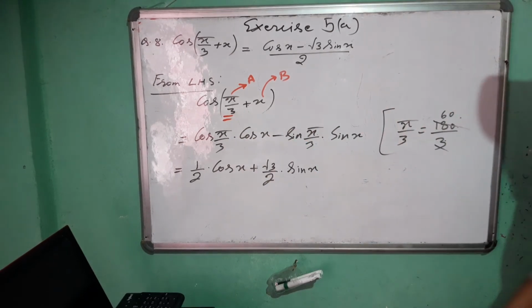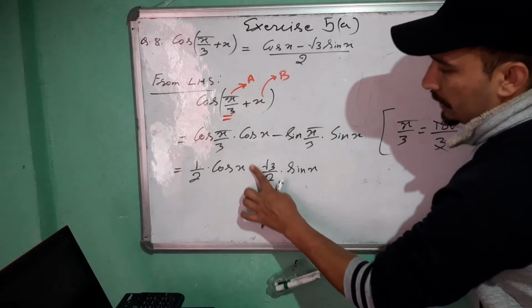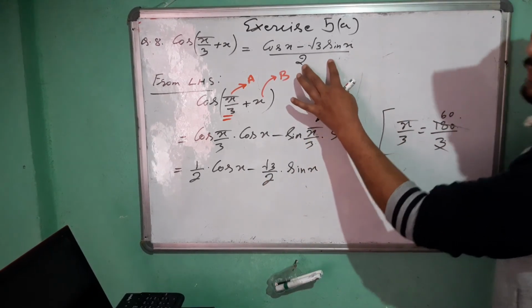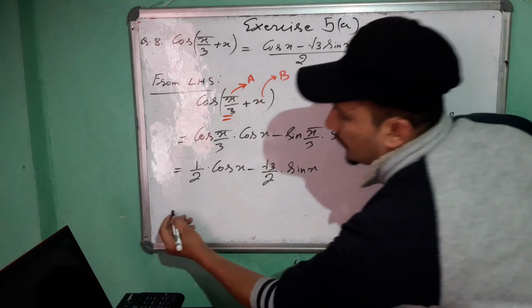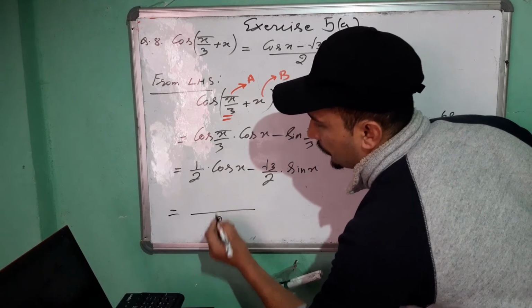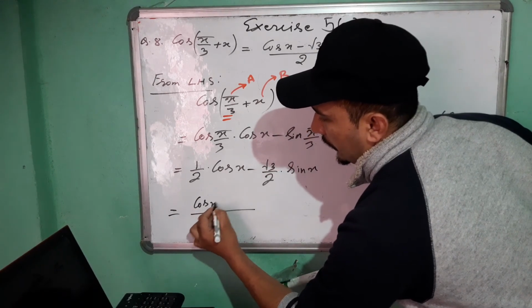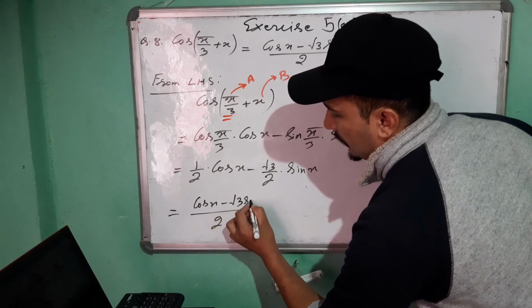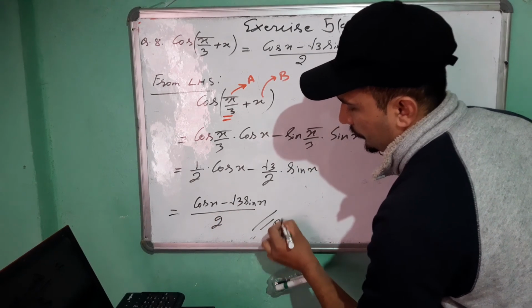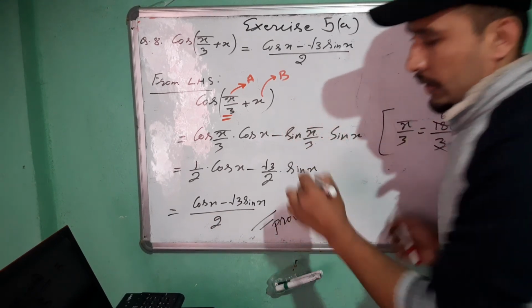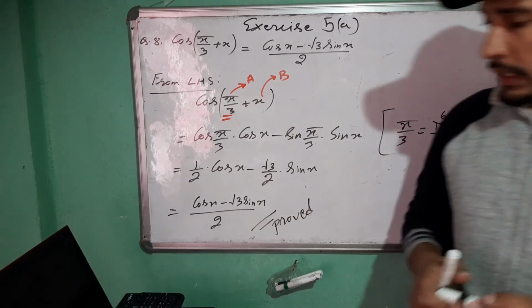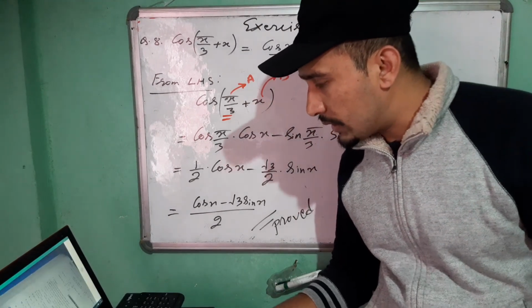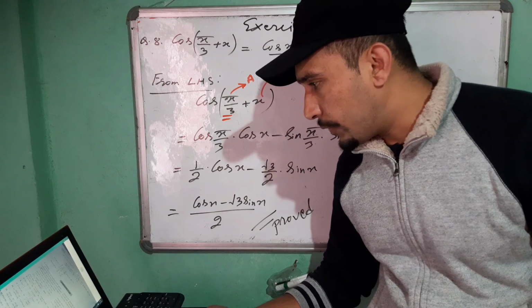Sorry, minus sin a sin b. So this is minus; you take the LCM and you will get the right hand side. So LCM is 2, here cos x minus root 3 sin x. Proved. So in this way you can use your concept. This is just a simple application of the formulas.